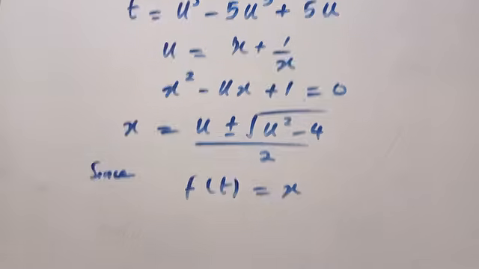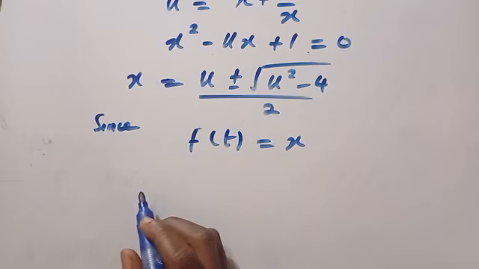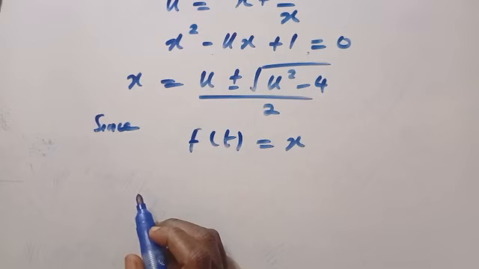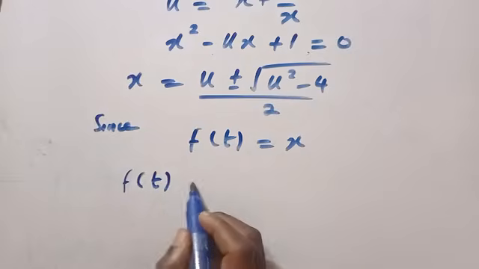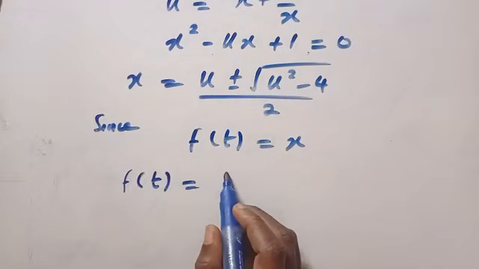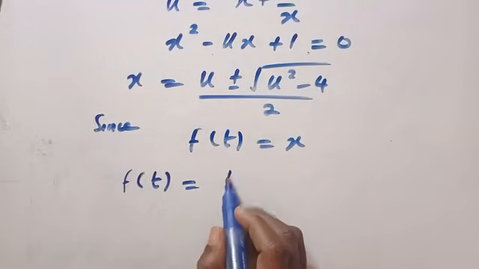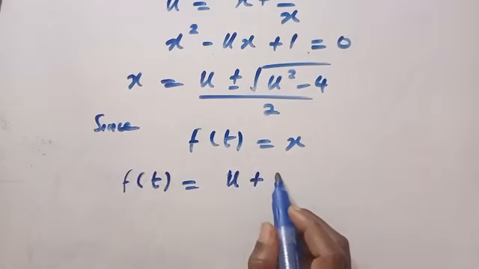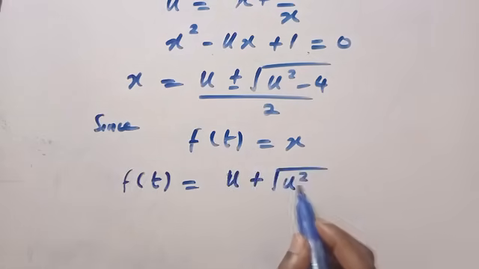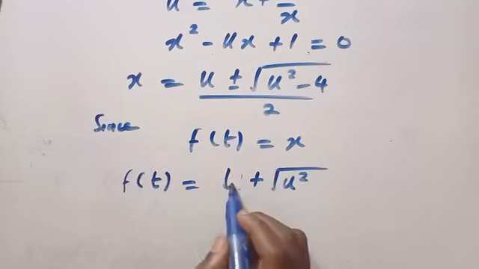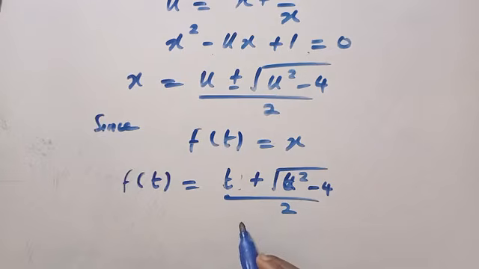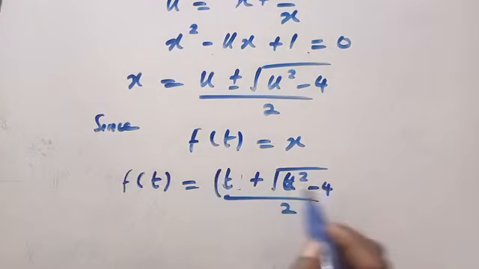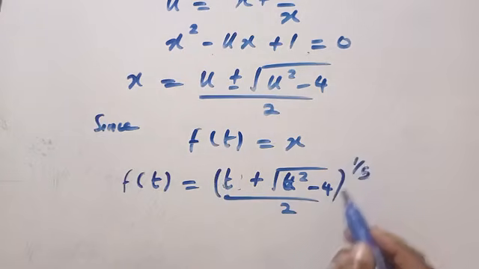Taking the highest power of x, we have f of t equals u plus the square root of u squared minus 4 divided by 2, all raised to power of 1 divided by 5.